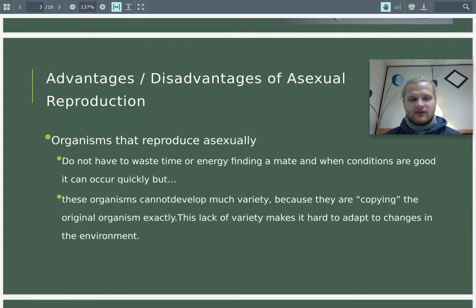Advantages and disadvantages of asexual reproduction. Why do we care about asexual reproduction? Well, organisms that reproduce asexually don't need to waste a lot of time. This happens very, very quickly. This is why bacteria typically opt for this type of reproduction, because they're able to reproduce really quickly as long as they have the resources to do so.